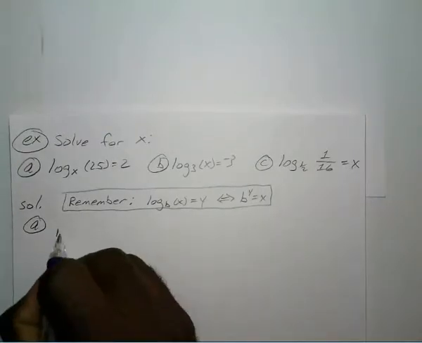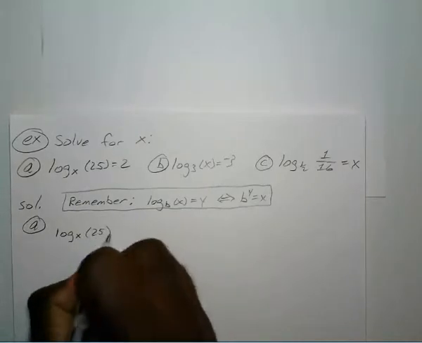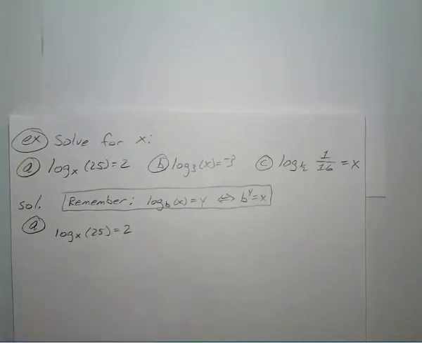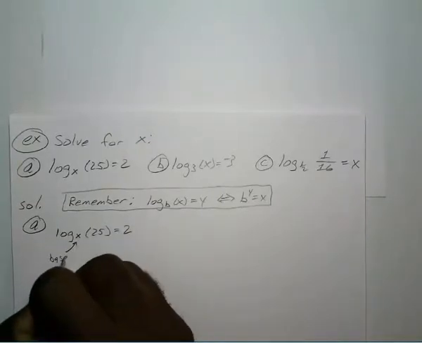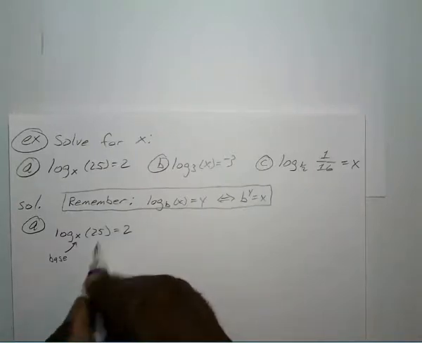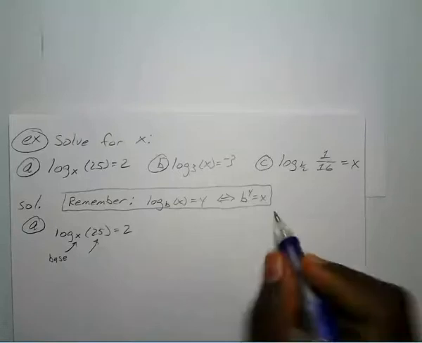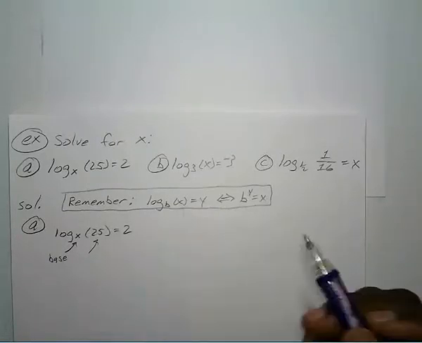Okay, so we have log base x of 25 equals 2. Okay, so we see here, your x, that's your base. This, just here, that's your x position.